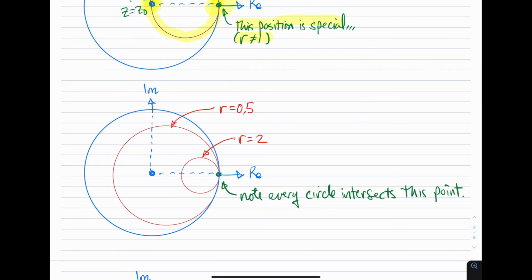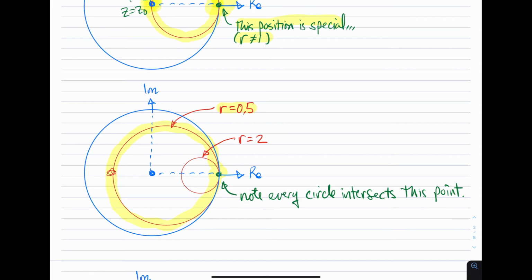You might consider what other constant values of r look like. Well, it turns out that any constant value of little r is a circle, once again. So for example, little r equals 0.5 is a circle which goes like this. Once again, its right-hand side is at the open circuit position, and its left-hand side, in this case, is here.